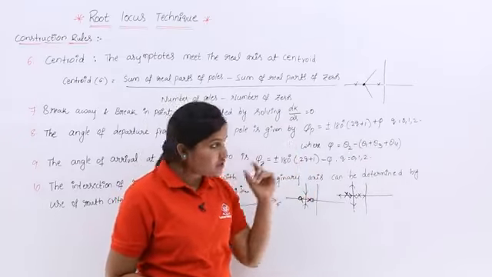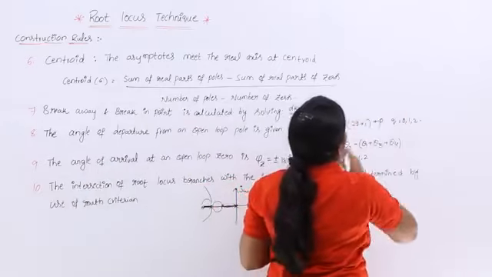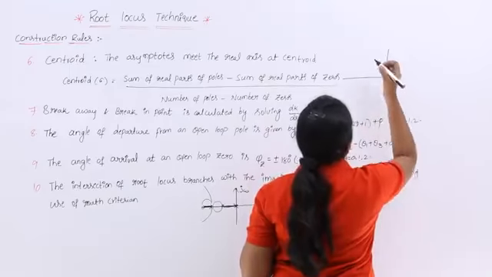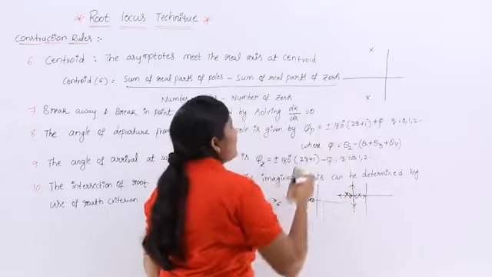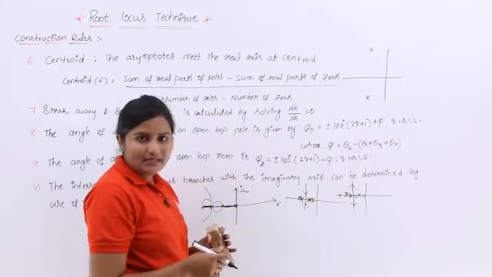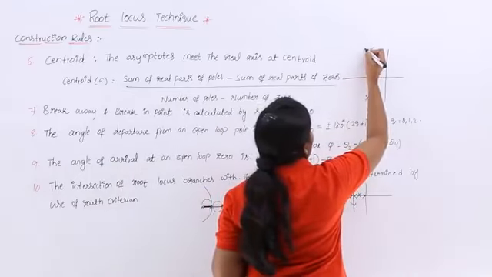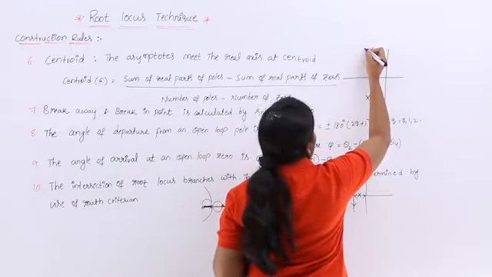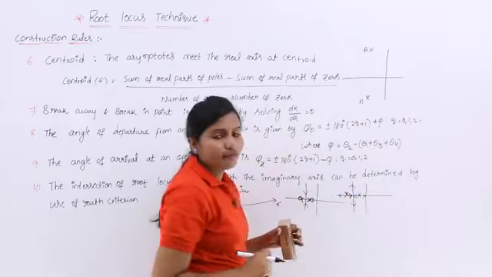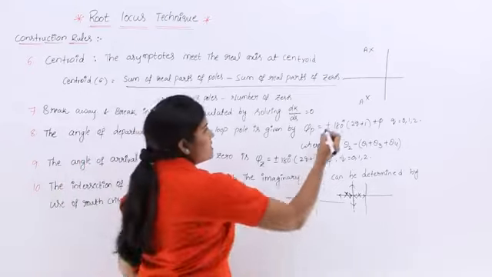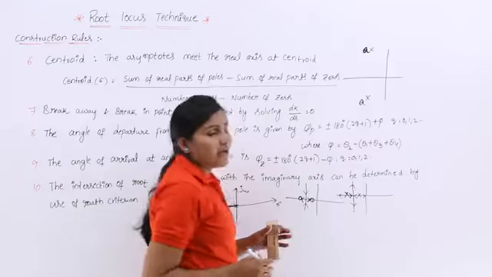Why I gave this equation is for this diagram. Please observe clearly. For example, you have an imaginary pole like this, a plus j, for example. Here this is a and this is a, so this is your imaginary root.